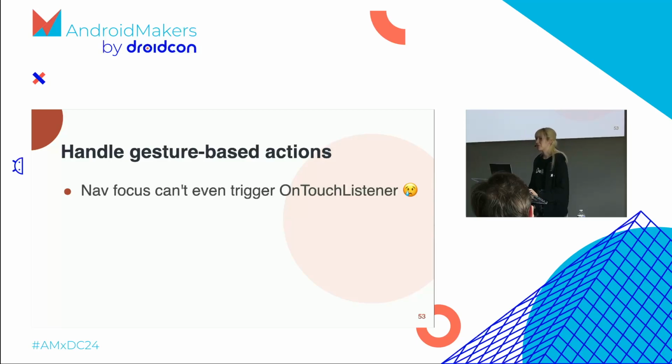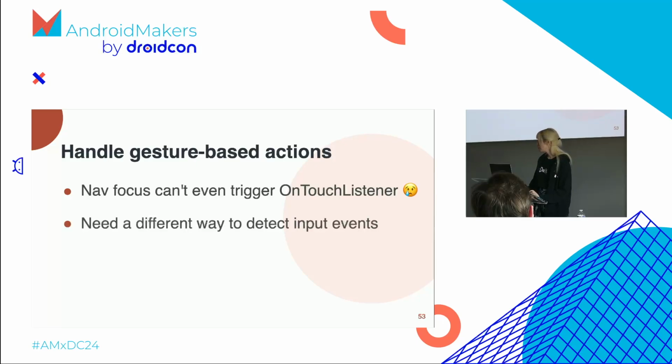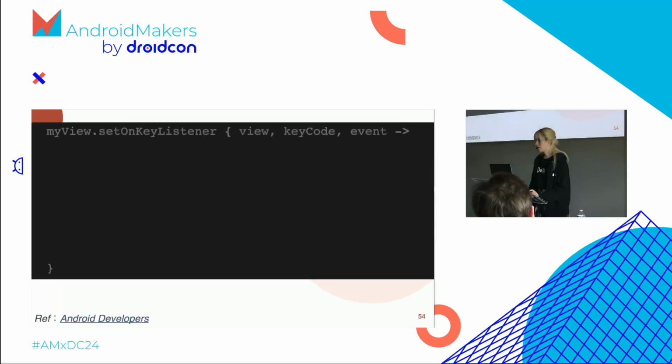But then what should we do if we have an action that can only be done with gestures? In this case, we want to have a separate way to detect that the user is trying to perform an action associated with this view. And that can be done by listening to key events instead of touch events. And the onKey listener method is what you're looking for.